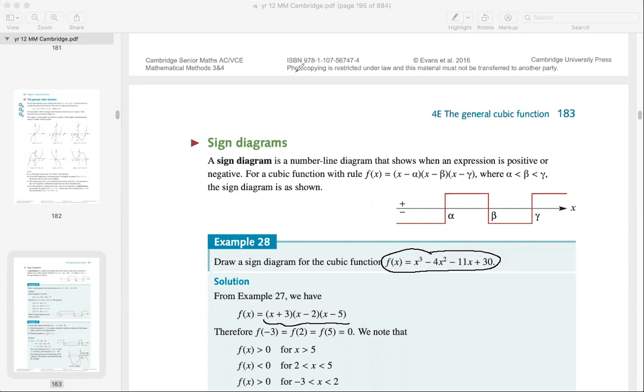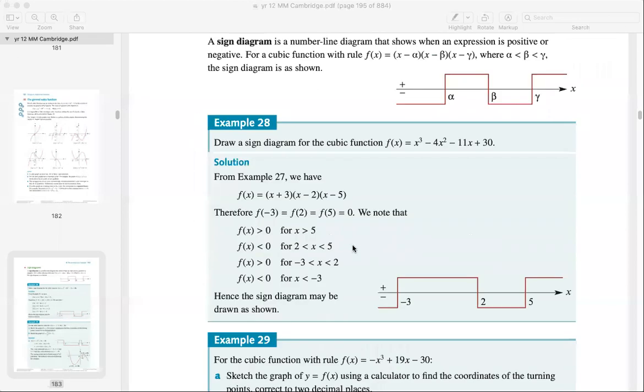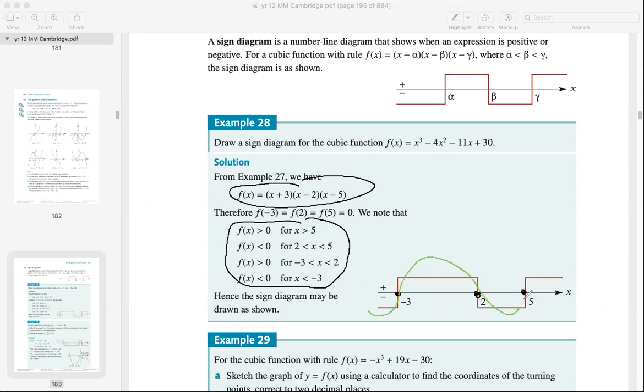Then we got this over here. This part and this part are just zeros. Then we can plug in numbers to check whether each region is negative or positive.